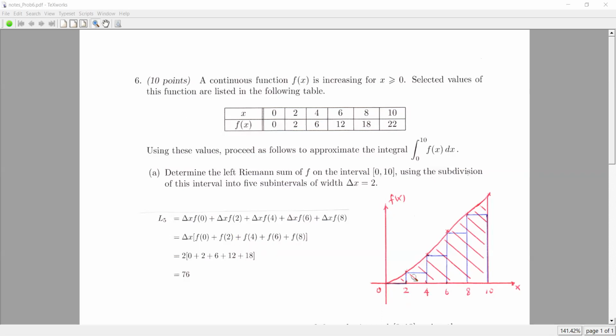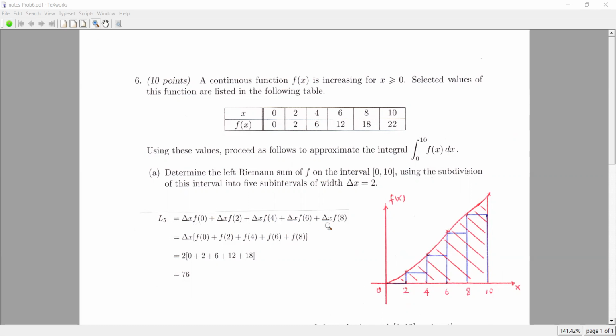The second rectangle area is base times height, delta x times function value at 2. The third rectangle area is base times height, delta x times function value at 4, and so on.